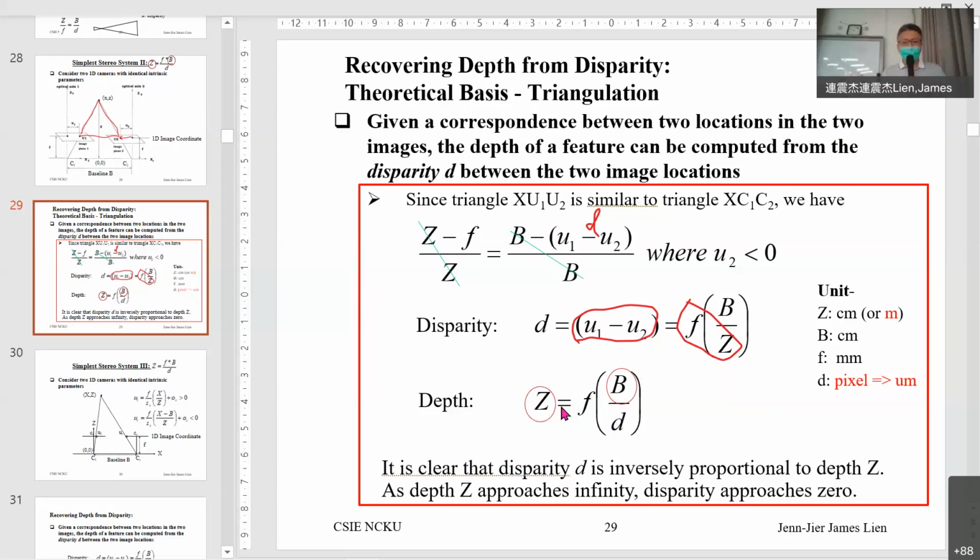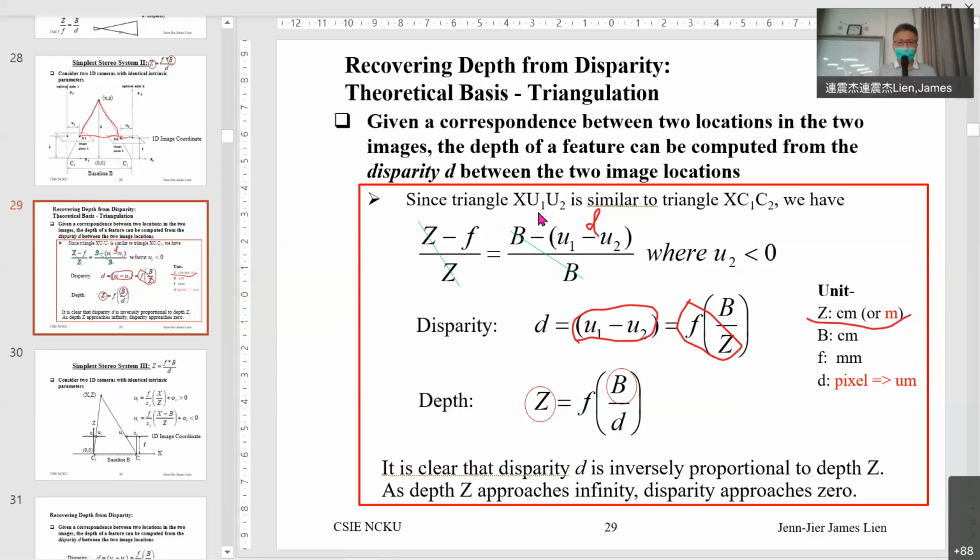So stereo is, I say again, we want to measure the distance. How far away from you is this one? How many meters away from you, the Z? So we compute Z based on this equation.